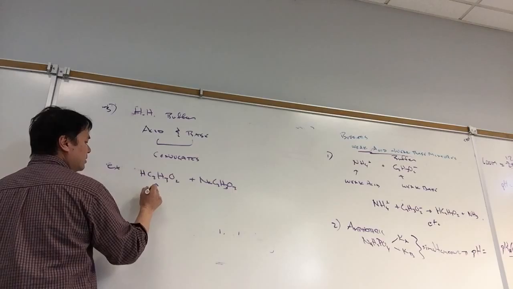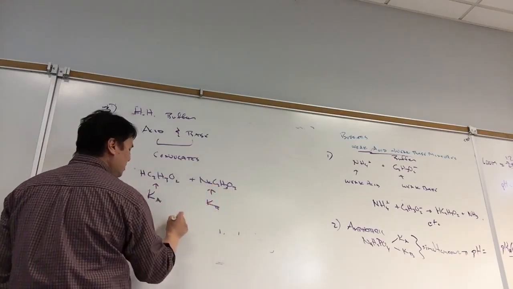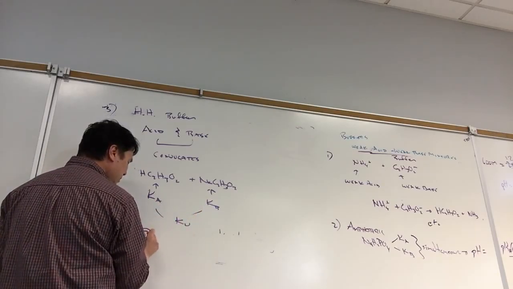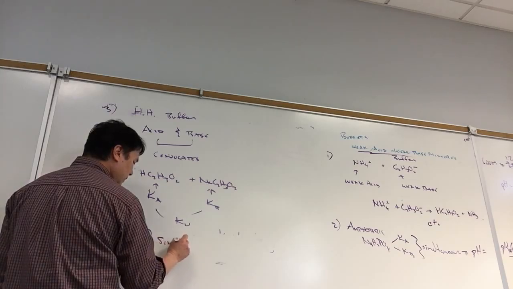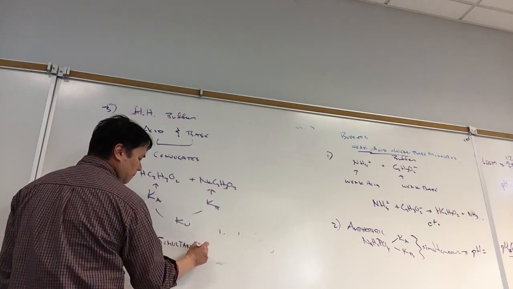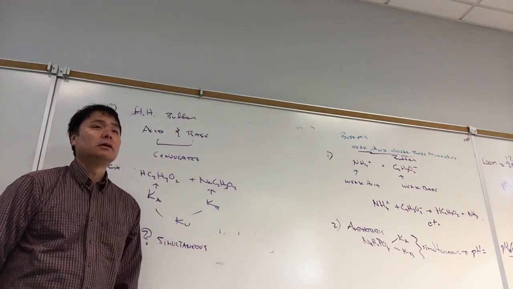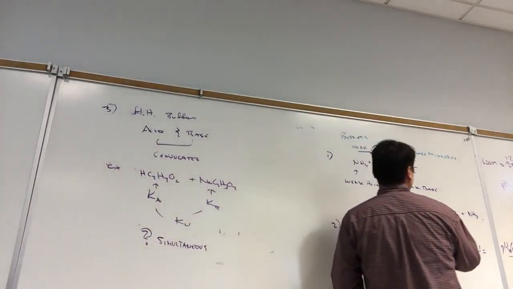And so acetic acid is going to have a Ka, sodium acetate is going to have a Kb, and then we have Kw. And so the question is, do we have to solve this simultaneously? Is simultaneous required? Like over here, yes, this is required.